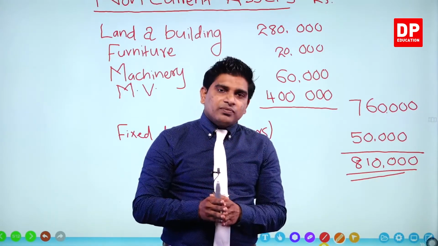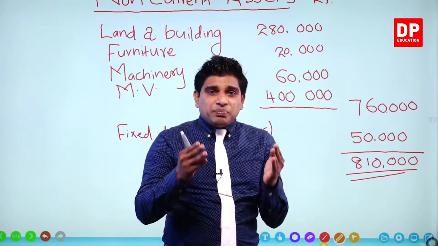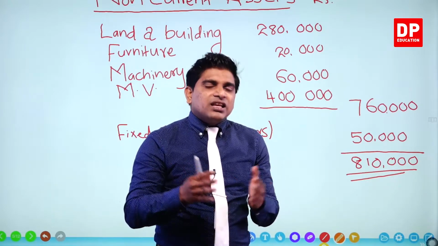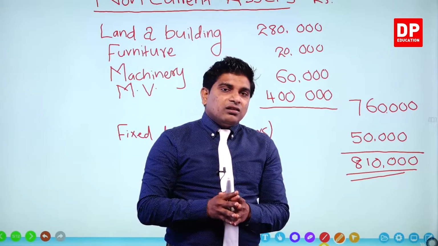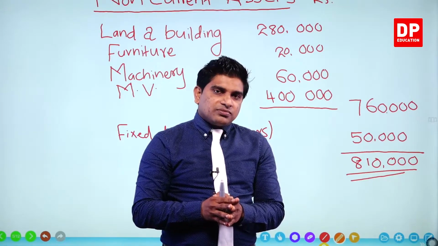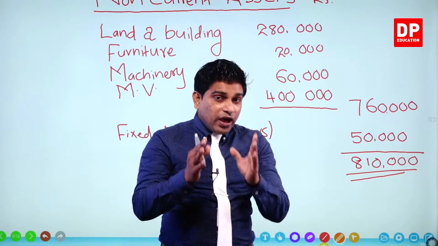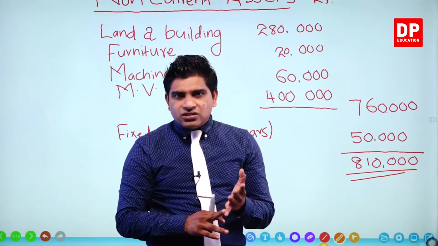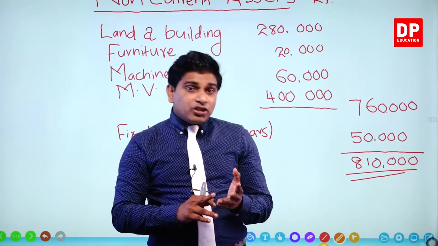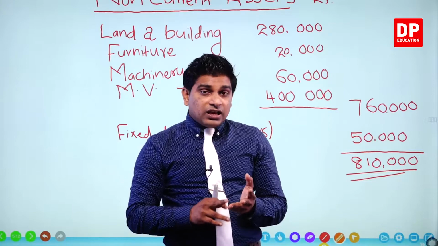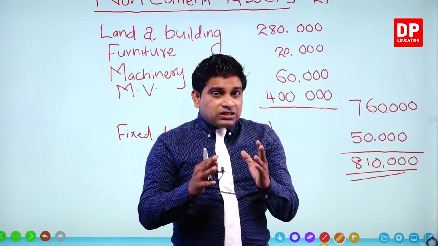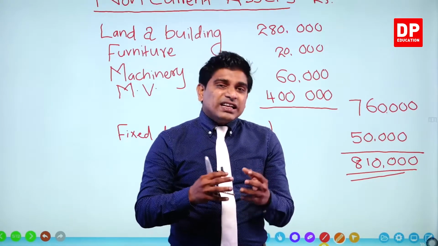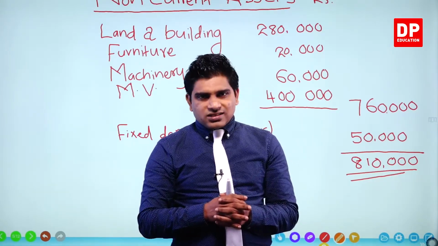But remember, fixed deposit is not a physical thing, but it's an asset. That's why when you write non-current assets, if they have given fixed deposits, then investment, fixed deposit, these two are intangible non-current assets.